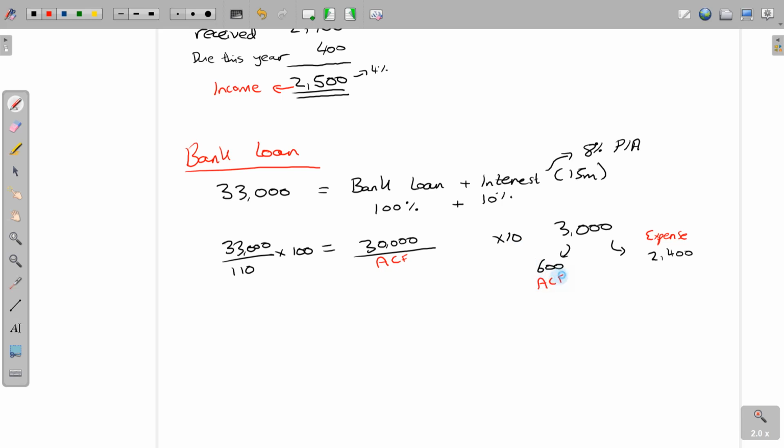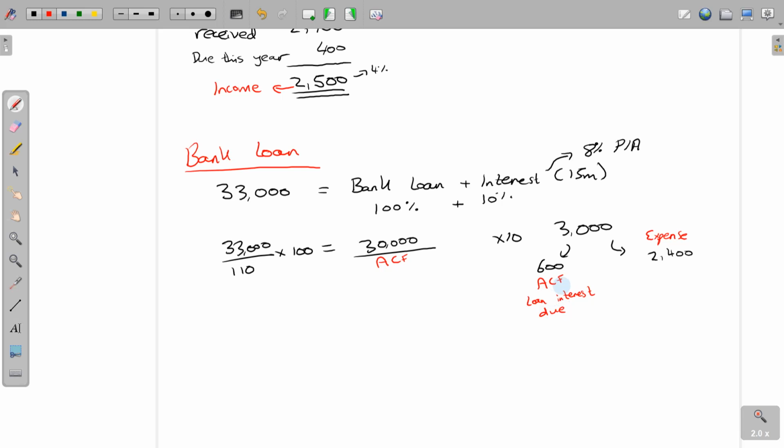Why is that going into accumulated fund? Well, this is technically loan interest due. We haven't paid off the bank loan and interest until the very end of 2015. So at the beginning of 2015, there were 3 months. Let's say we took out the bank loan at the very end of September.